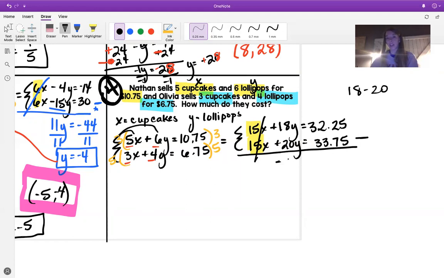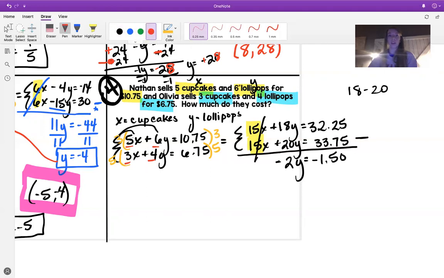All right, so that's going to give me a negative 2y. And then I have $32.25 minus $33.75. All right, that's going to give me negative 1.50.